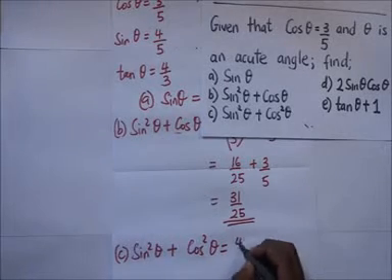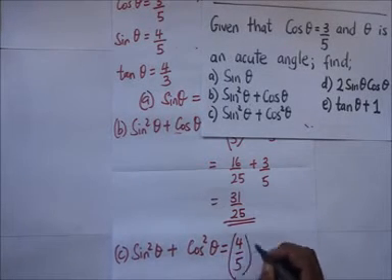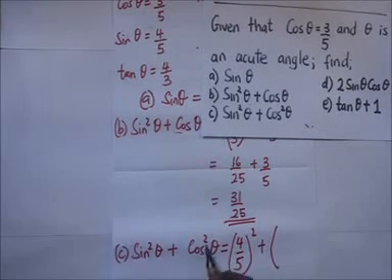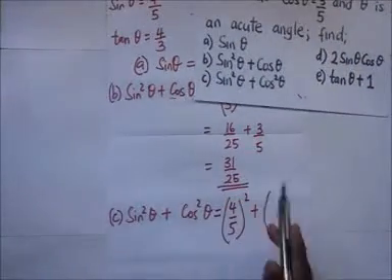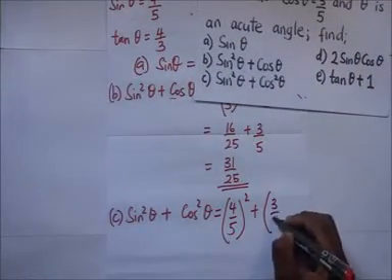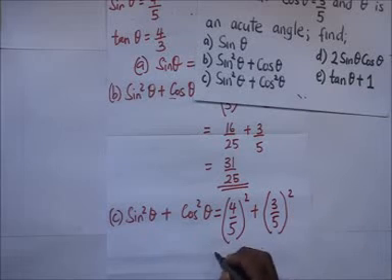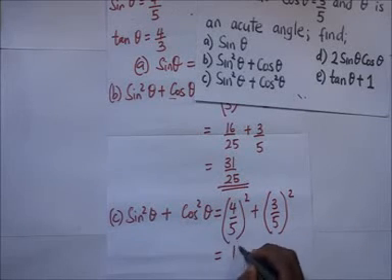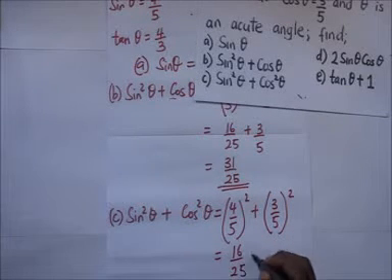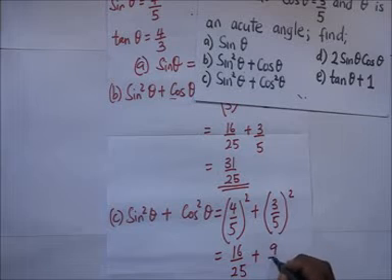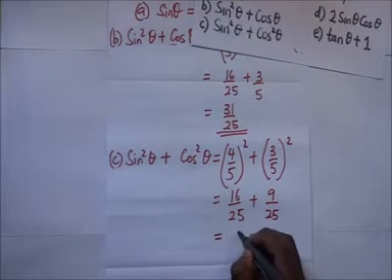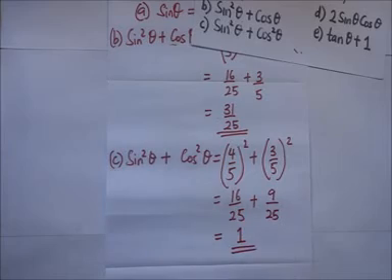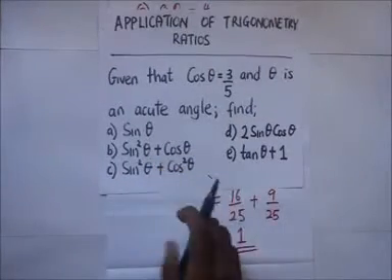So it's going to be 4 over 5 squared plus our cos theta, 3 over 5, and this is also squared. So this is going to become 16 over 25 plus 9 over 25. And our answer here definitely is going to become 1. That is part C.